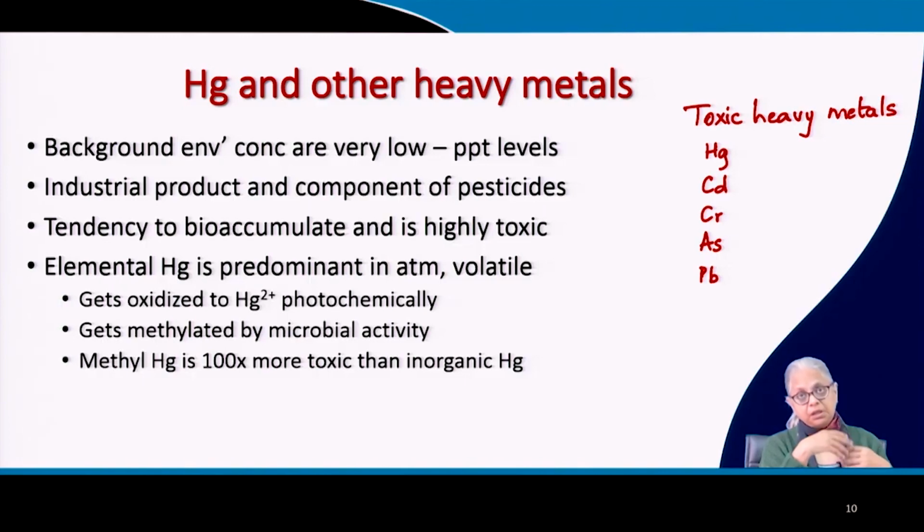So this wastewater had high amounts of mercury in it, and when it was released into the aquatic environment, it got into the fish in methylated form. So this methylated form of mercury was being ingested by people who were eating the fish in this area. Minamata was a village on the coast of Japan where the fishermen and their families were using this fish, and over a period of time they developed neurological problems.